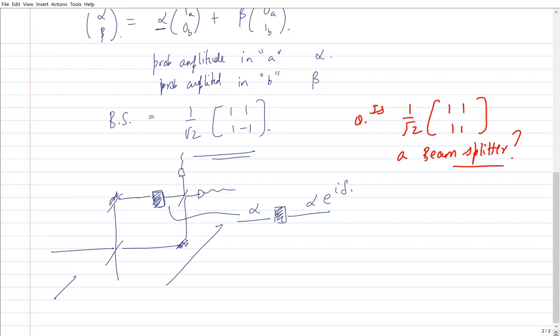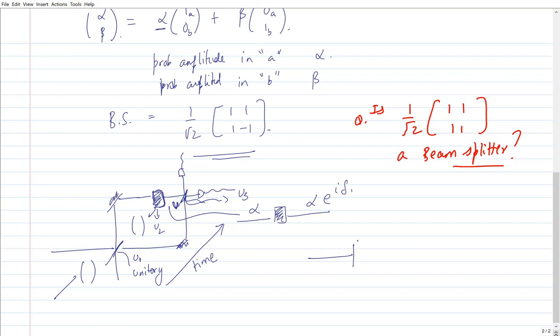Here was the direction of time, and as my quantum state from here propagates through a unitary operator, again a phase shifter, another unitary operation over here, and this beam splitter is, let me call it U1, this is U2, another unitary operation U3, I can conveniently represent it as a circuit.